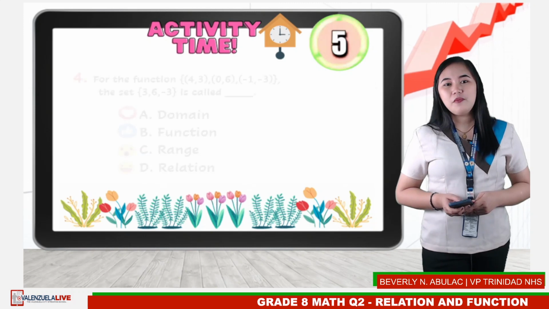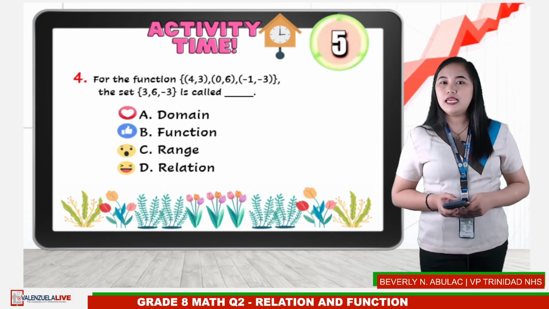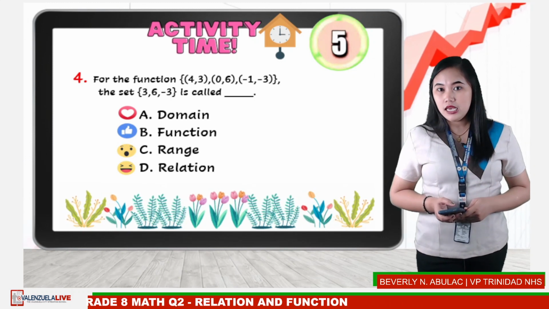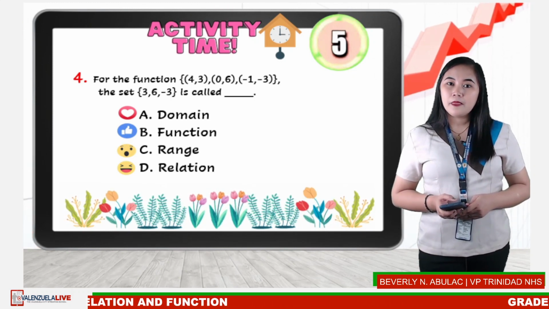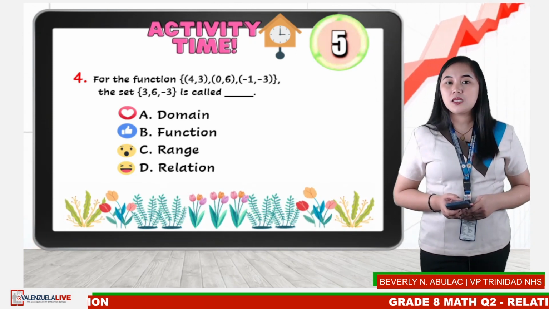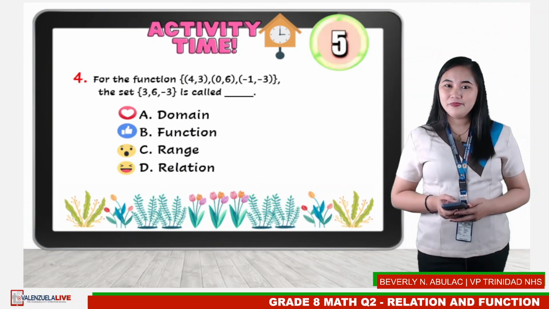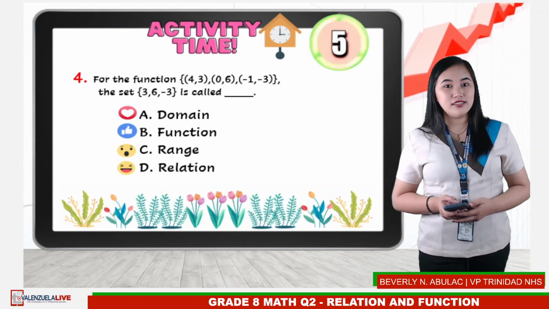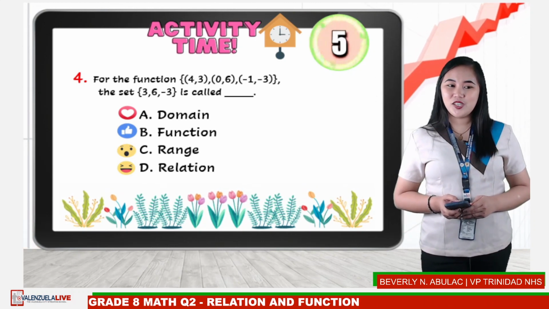Next, question number 4. For the function quantity 4, 3, quantity 0, 6, quantity negative 1, negative 3, the set quantity 3, 6, and negative 3 is called A. Domain, B. Function, C. Range, D. Relation.